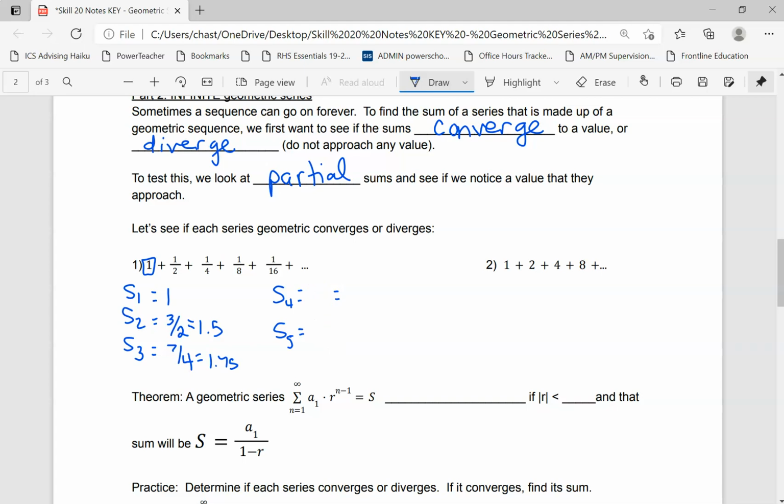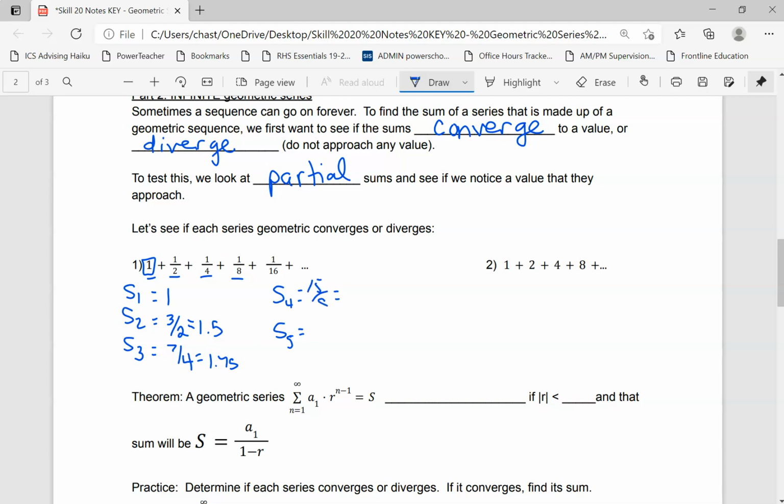So S4 is going to be 1 plus a half plus a fourth plus an eighth. So 1 plus 1/2 plus 1/4 plus 1/8. Oh, it was 15/8.